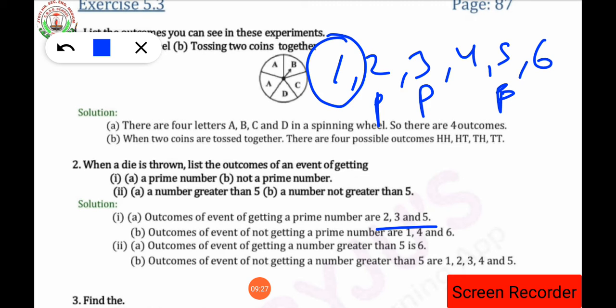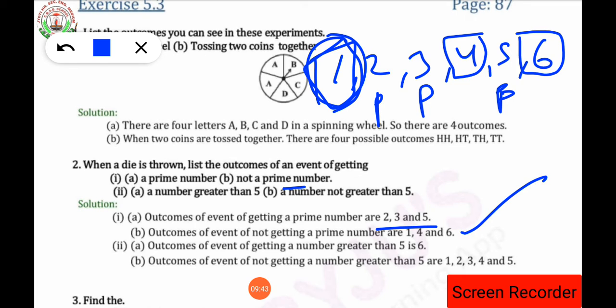In the second part it is asked not a prime number. So what are the numbers left out? The numbers left out are 4 and 6. They are not prime numbers, isn't it? As well as the 1. So the numbers which are not prime numbers are 1, 4 and 6.